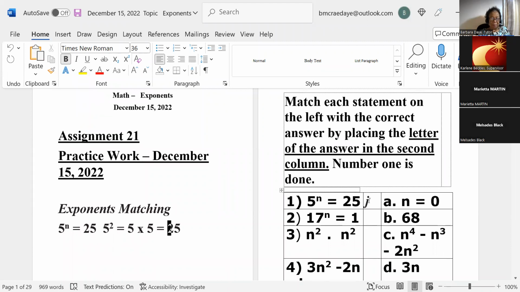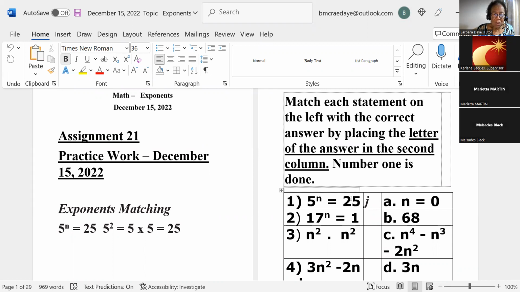I put that one in there for you. When n is 2, 5 to the second power is equal to 25. So do you understand number 1? Okay. And I think you, Maureen, and Mercedes had that one correct.